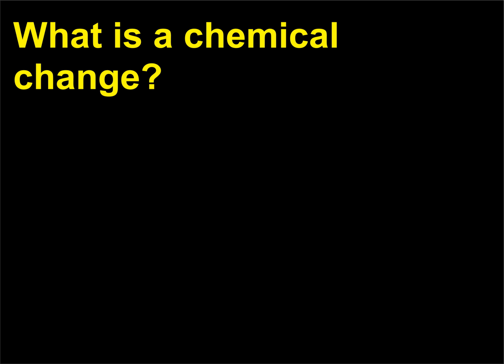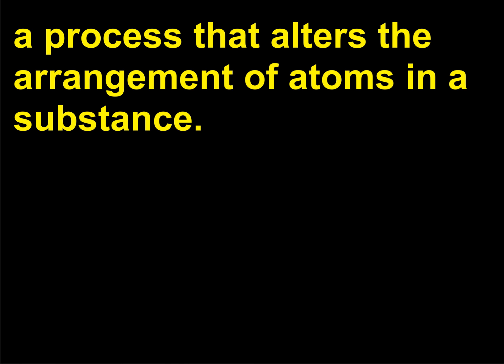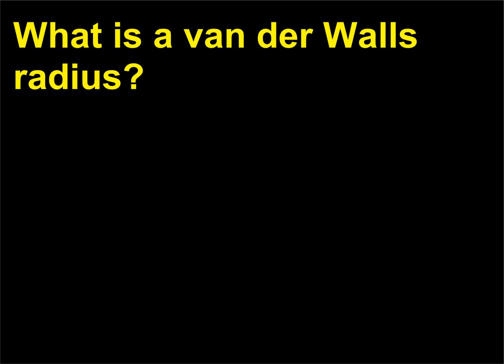What is a chemical change? A process that alters the arrangement of atoms in a substance. What is a van der Waals radius?